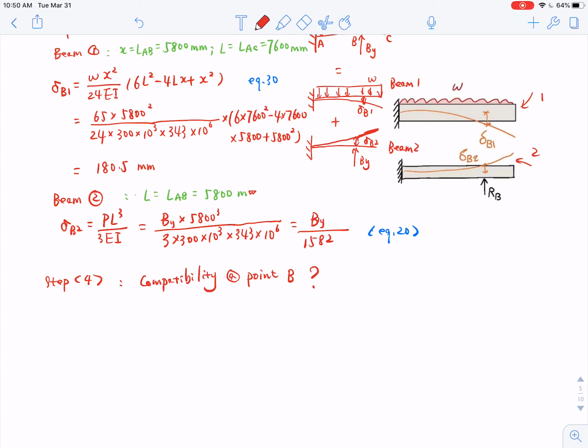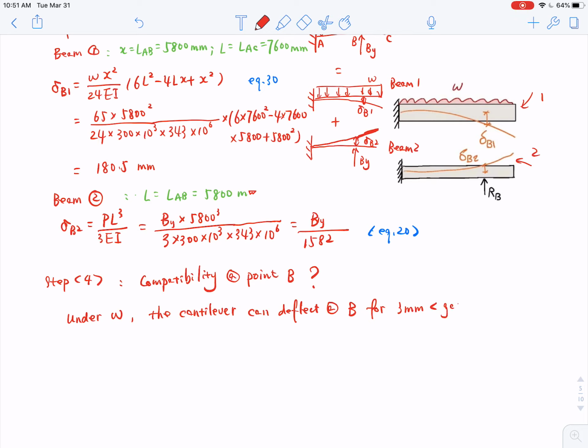So under the distributed load W, since you have this gap of 3 millimeter, if you add this W to this cantilever beam, the cantilever can deflect at point B for 3 millimeter.